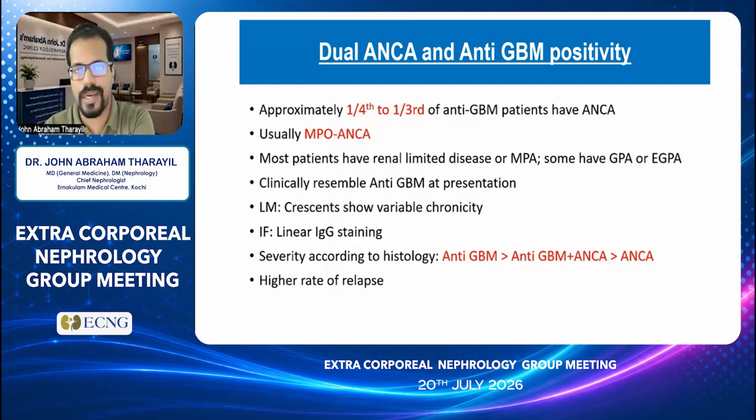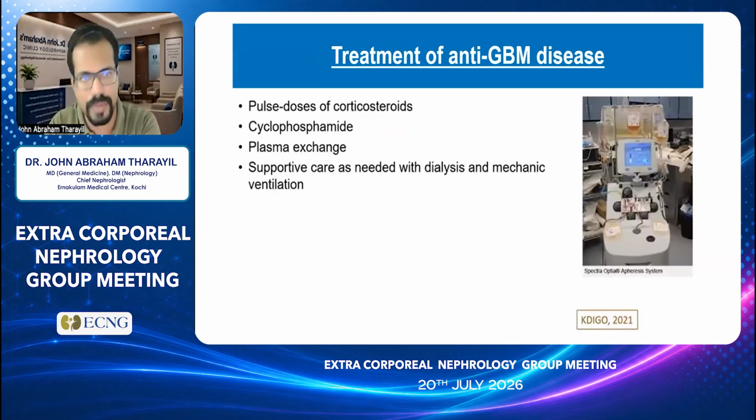Immunofluorescence will show linear IgG staining, and severity is according to the histology, that is anti-GBM, or anti-GBM plus ANCA, or ANCA alone. So the histological severity increases. A higher rate of relapse is seen when anti-GBM is associated with ANCA. Anti-GBM as such, the relapse rate is not that frequent.